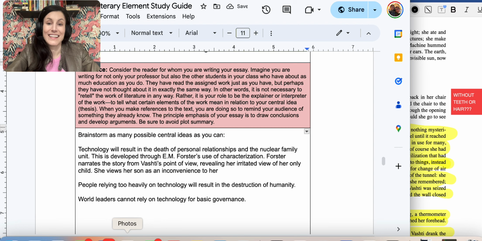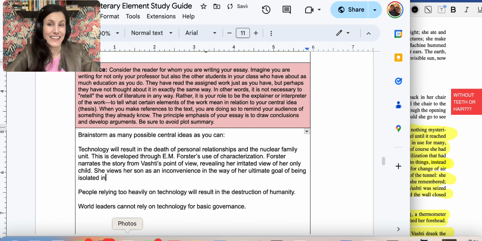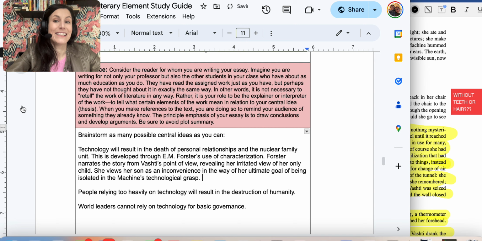She views her son as an inconvenience in the way of her ultimate goal of being isolated in the machine's technological grasp. And that would be an example of how I use a literary element to support my central idea.